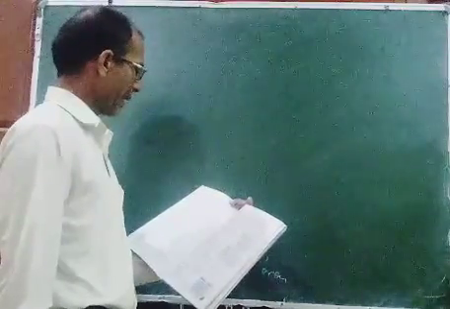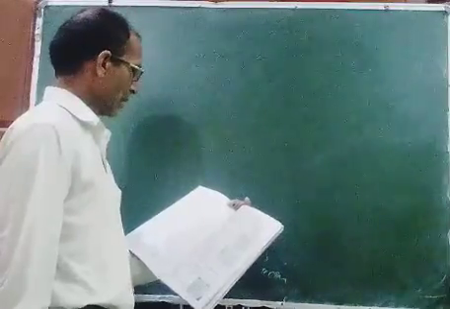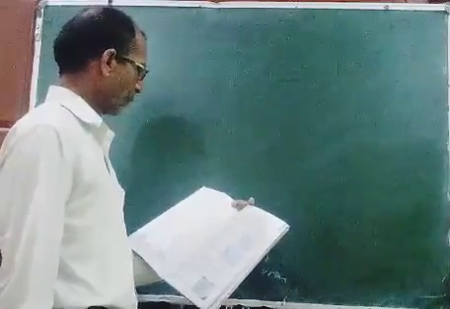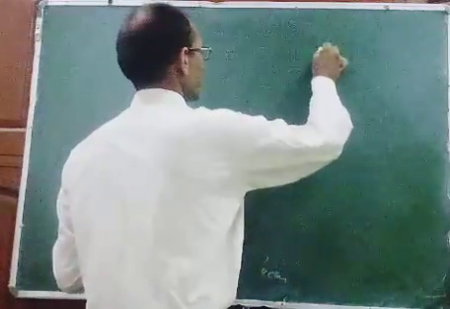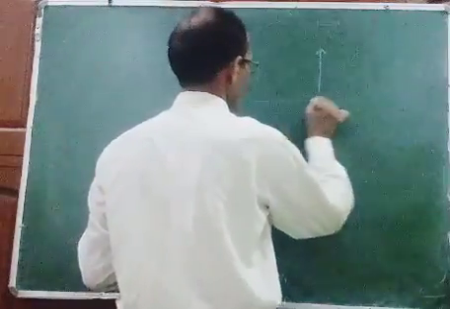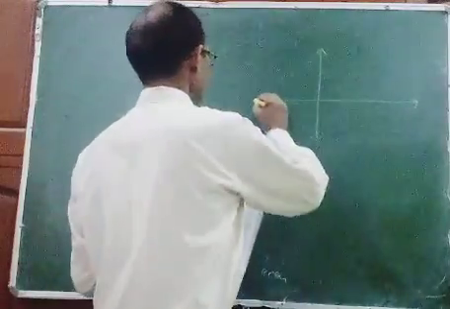In a distance-time graph as shown in the figure, the velocity will be 0, negative, positive, or both B and C. So this is the graph.